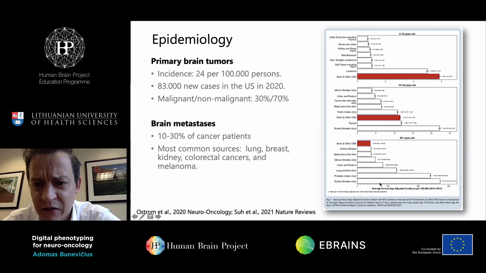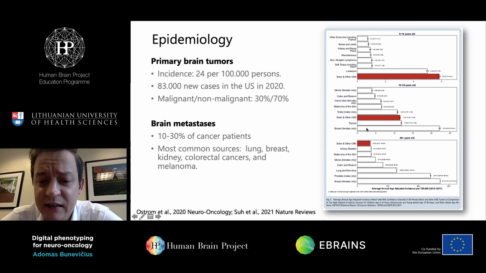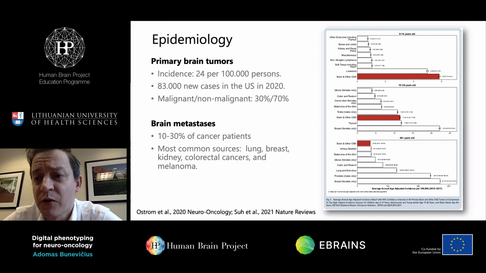Here on the right side, you can see that it's also age dependent: in kids, brain tumor is the most common type of tumor, even more common than leukemia and other types of cancers. As we grow older, though, brain tumor becomes a less common disease, although we have more patients just because we have more patients with other types of cancer, such as breast, prostate, and lung, for example, which are the most common types of cancer.